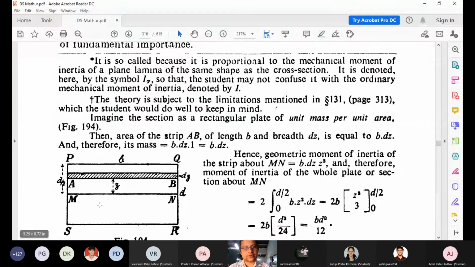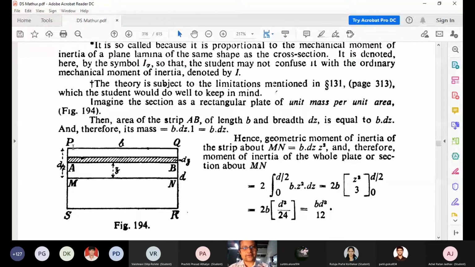Here on your screen you can see this figure, the PQRS, the same rectangular portion we considered.